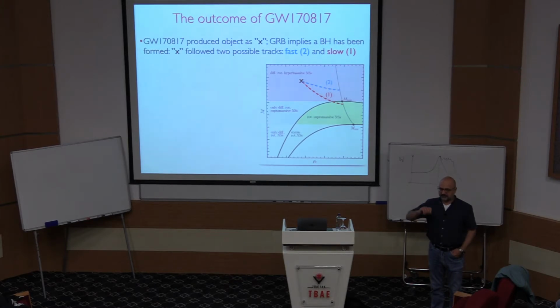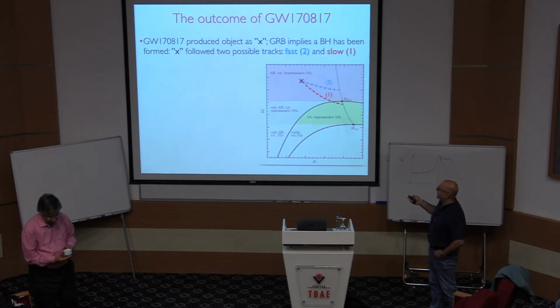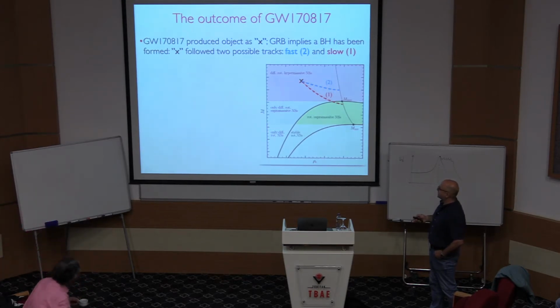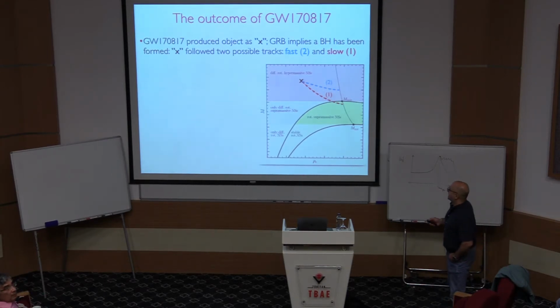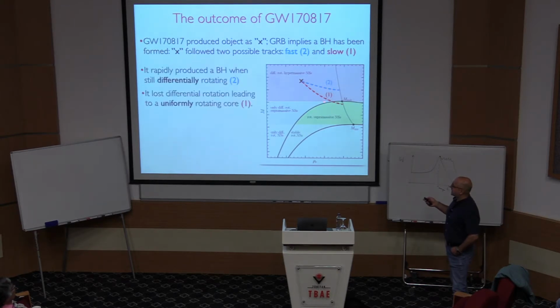So that means that whatever produced GW170817 here must have gone across this line, because in order to produce a black hole, you have to cross this line. And so you have two options. Either you cross this line along trajectory number 2 or along trajectory number 1. And we think it was number 1, because number 2 would have happened way too fast, okay?